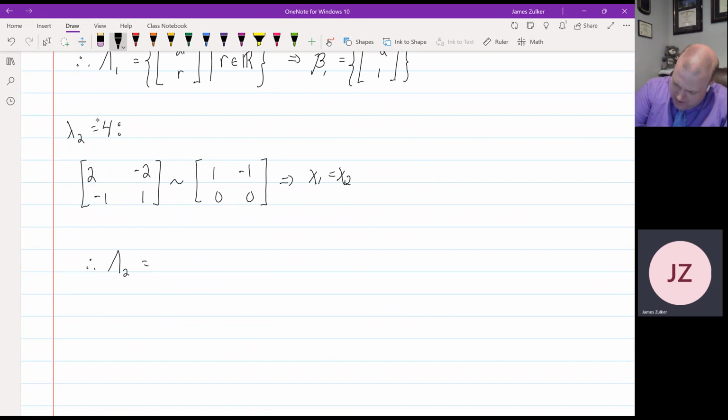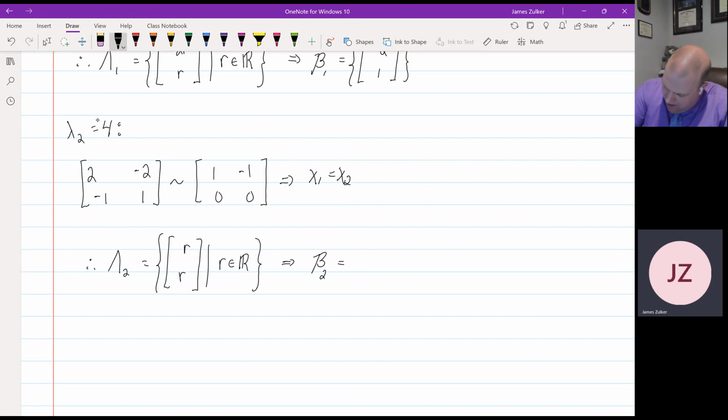So our eigenspace is the set of all vectors of the form r, r, such that r is any real number. And we get as our basis the set 1, 1.